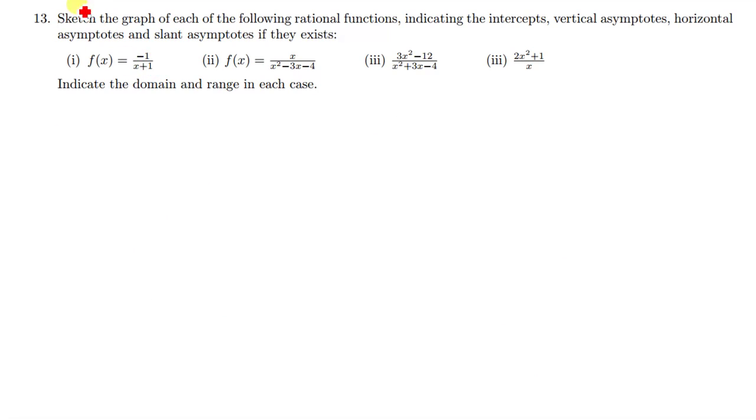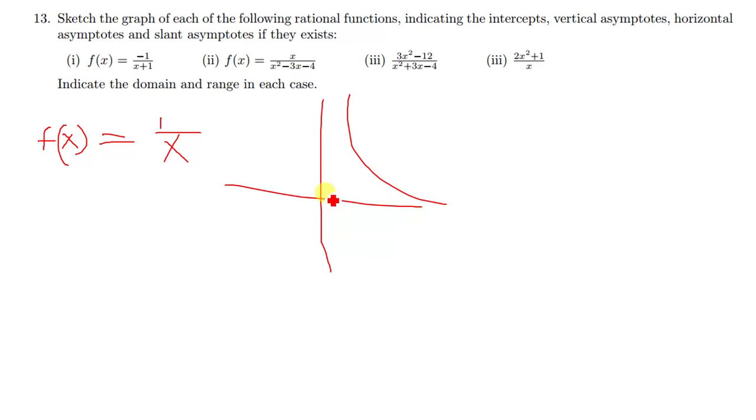Before you sketch this, you need to understand that if you've been given to sketch something like f of x is equal to 1 over x, your graph will simply come out like this. And if there is a negative there, it means that your graph is going to be in the other two quadrants.